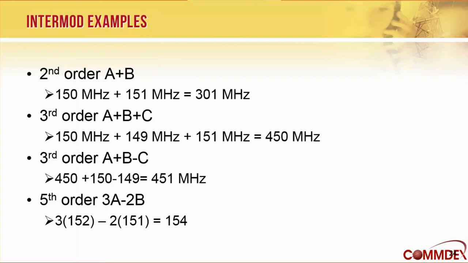So an in-band type of intermod that we can see often would be an A plus B minus C combination. Here's an example where signals in two different bands combine together in the right combination. So we have 450 plus 150 is 600, minus 149 equals 451. So now we have a UHF and two VHF frequencies creating an interfering signal in the UHF band.